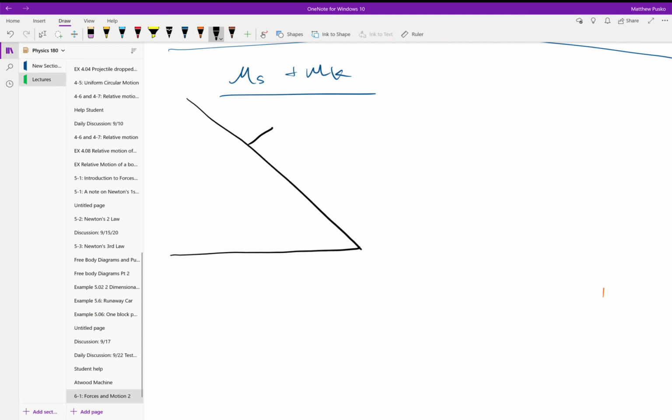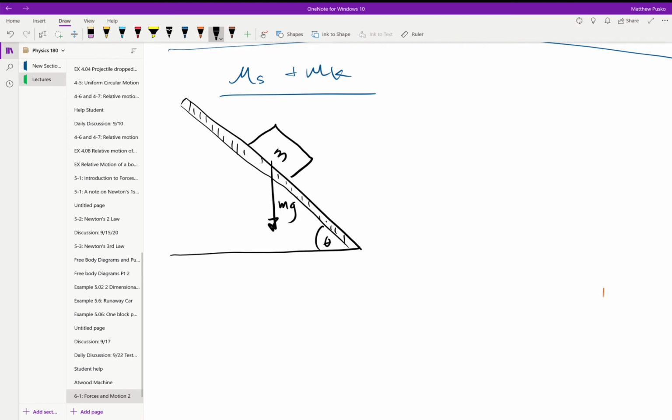Alright, let's put a mass on here. First thing I always do is draw mg straight down. And on this inclined plane, let's say it's that wood plank and an eraser or a book or something. And we change this angle theta until it begins to slide.